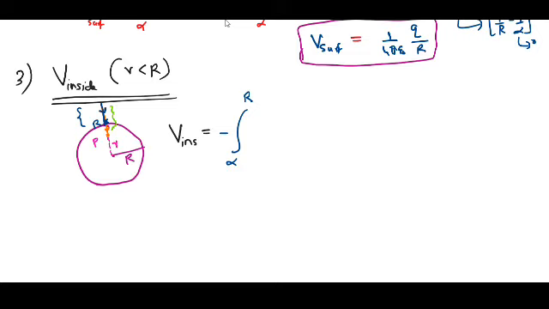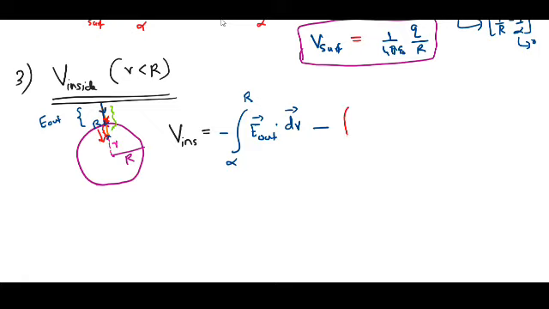In this region, the electric field is E out. Therefore, E out dot dr. Then, I have not reached the point of interest yet. I still have to go this distance. Having reached the point capital R, next we have to come from capital R to this small r.